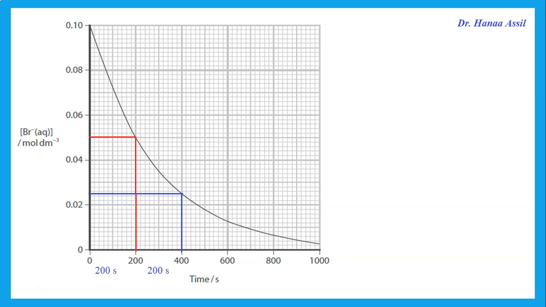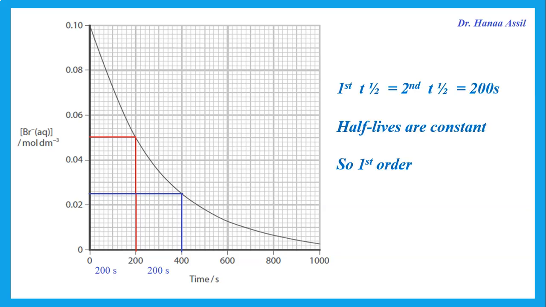And then from 0.05 to half of that, 0.025, it also took 200 seconds. So if the half-life is constant, that means the reaction is first order. Remember, to be first order, the half-lives have to be constant.